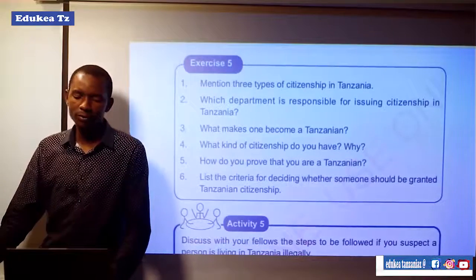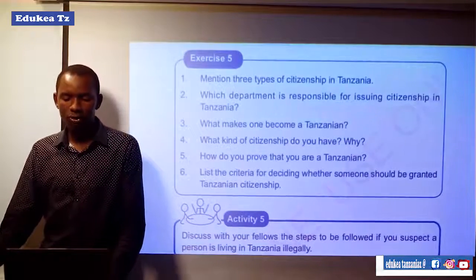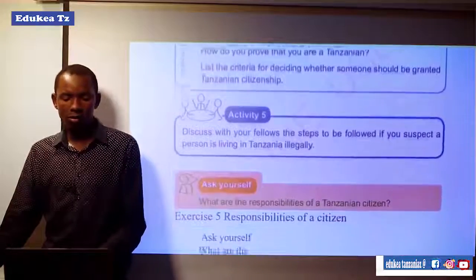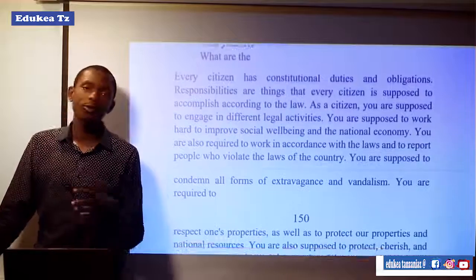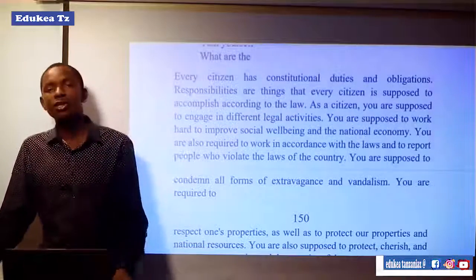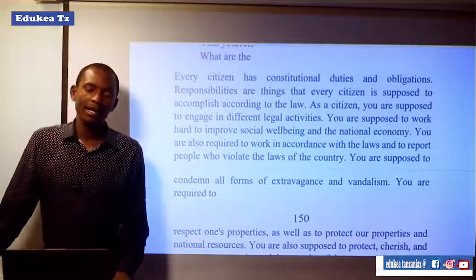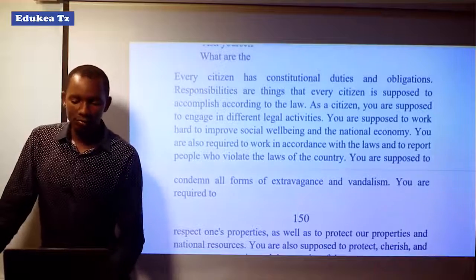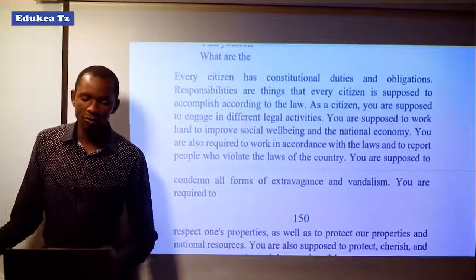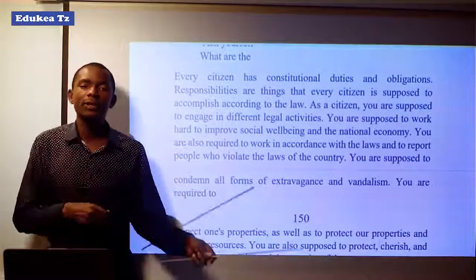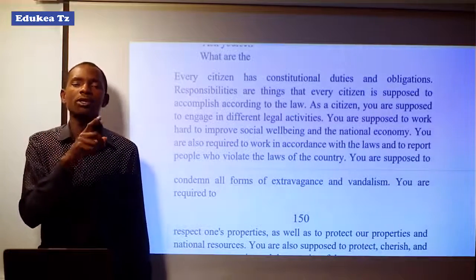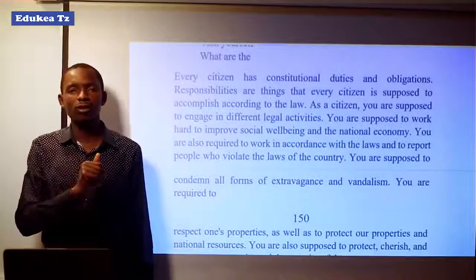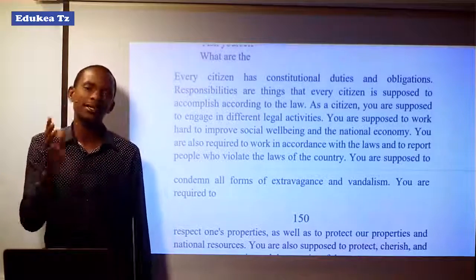Mention 3 types of citizenship which you know. As we said, we have several ways by which you can become a citizen of a particular nation. When we talk about citizenship, it simply means a process whereby a person belongs to a particular country or state.